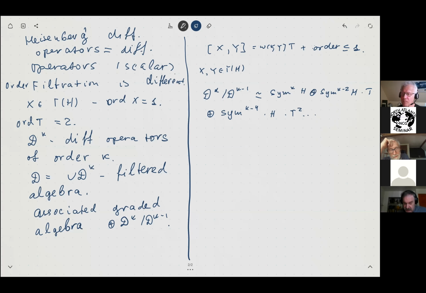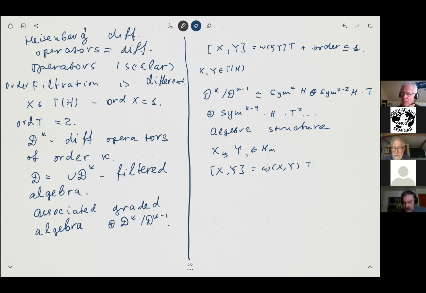And the relation in this algebra would be that. First of all, this will be an algebra of sections of some vector bundle with algebra structure on every fiber, so the algebra structure on the fiber is also having x and y. So the algebra structure, the quotient algebra, is just defined by this relation.